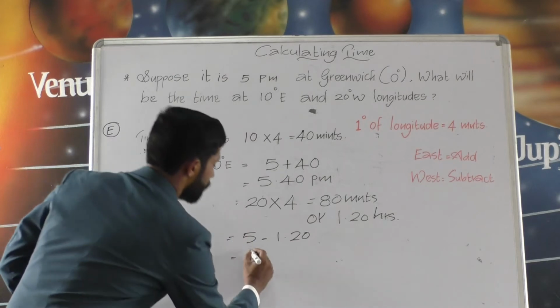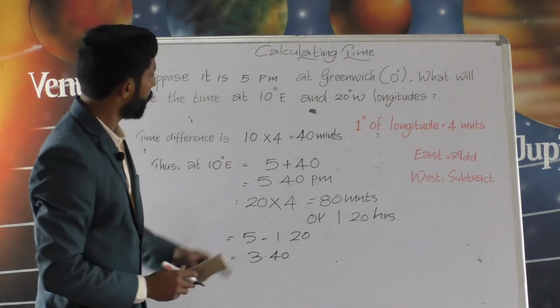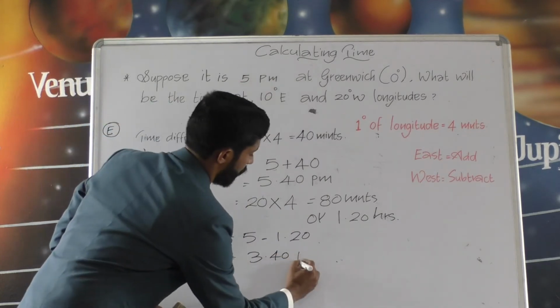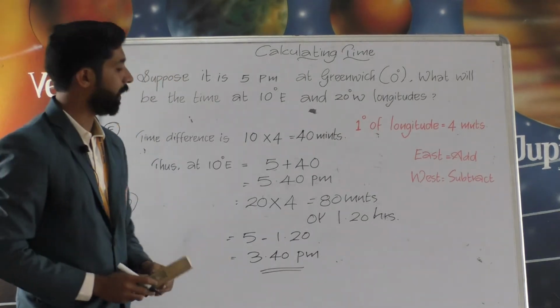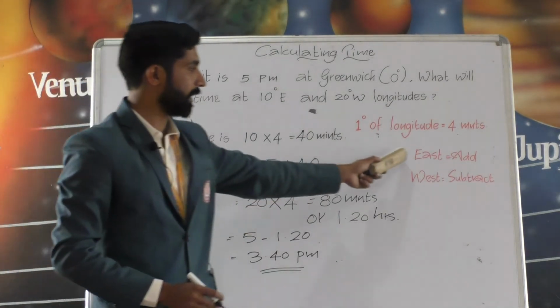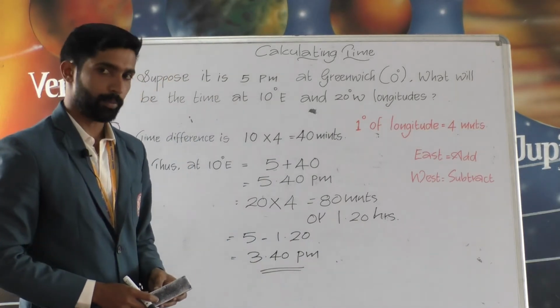That means 3:40. AM or PM? It is PM. Got it? This is the way we can do. So for east you have to add, for west you have to subtract.